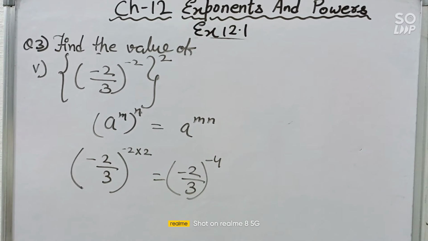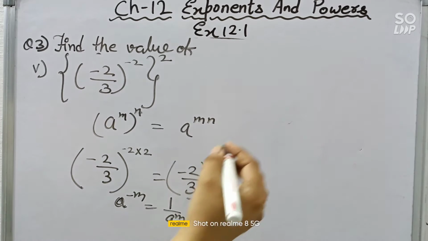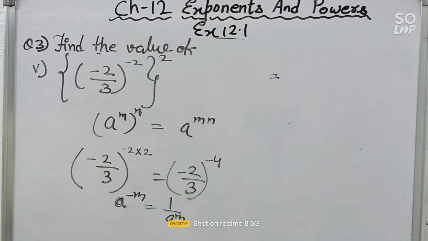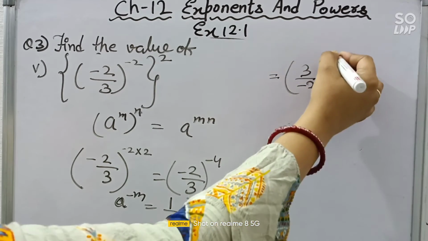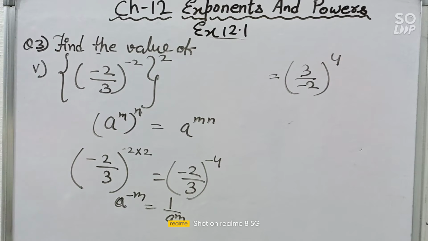Now the exponent is negative. We can make it positive by the law a raised to the power minus m equal to 1 upon a raised to the power m. Apply this, we will get 3 upon minus 2 to the power 4.